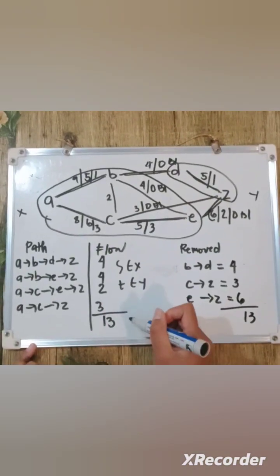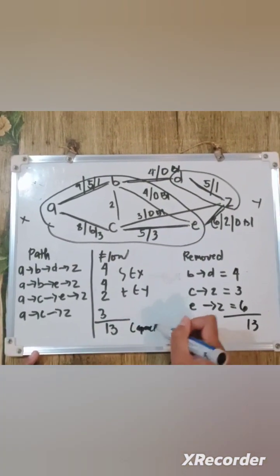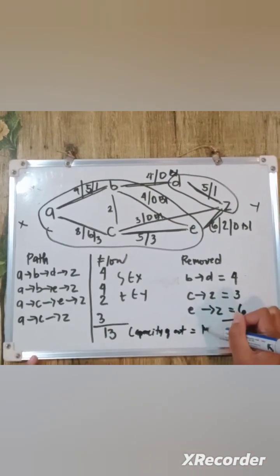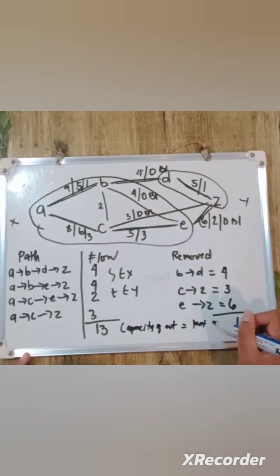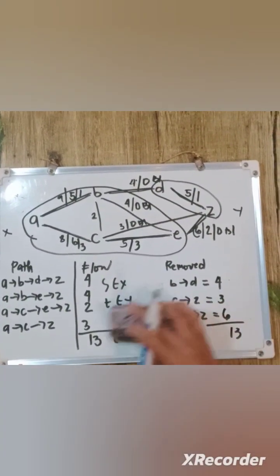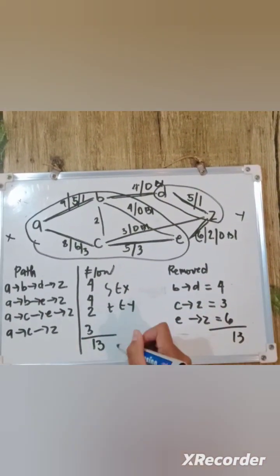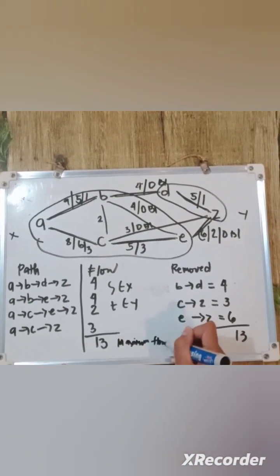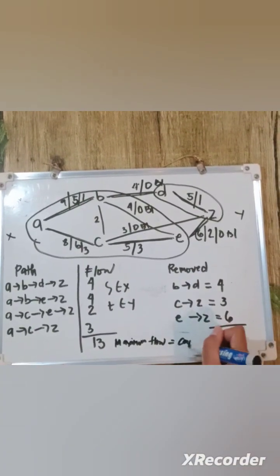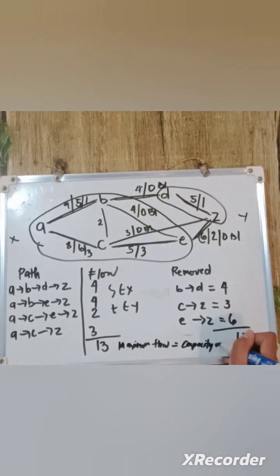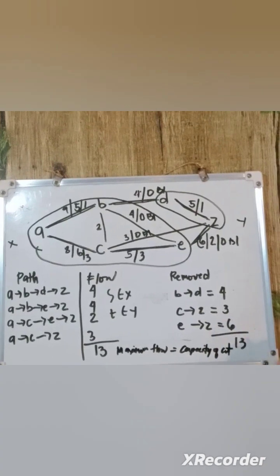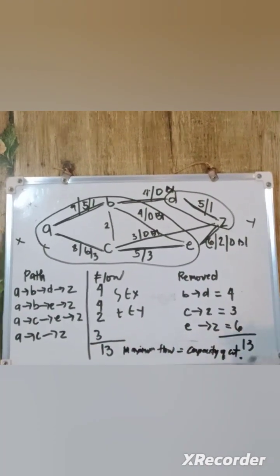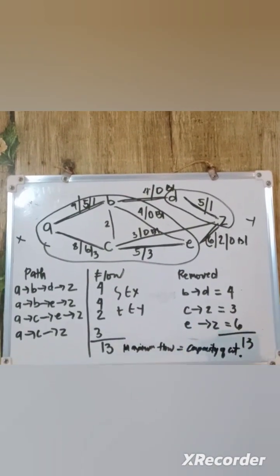So we can conclude that the maximum flow is equal to the capacity of the cut. Okay, so that's the end of our discussion. I hope everyone understands. Thank you for listening.